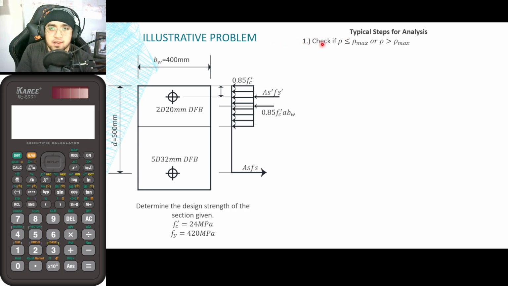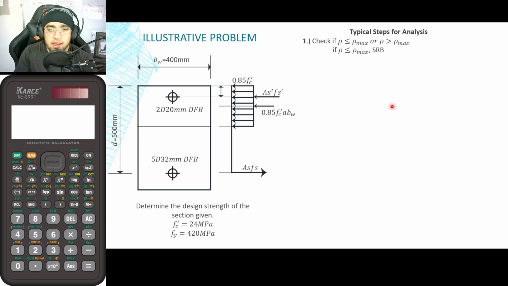If the actual steel ratio is less than or equal to rho max, meaning that even though we have compression bars here, we would be analyzing it using SRB only. Meaning, if the steel ratio of our tension bars is less than or equal to rho max, we will be solving it as SRB and disregarding our compression bars. That is an option actually.